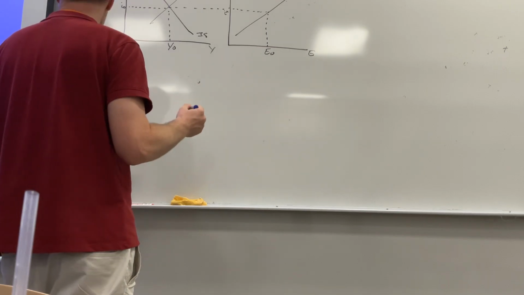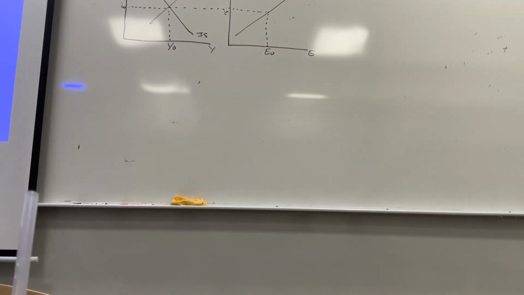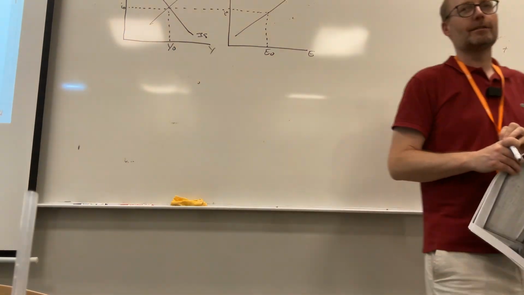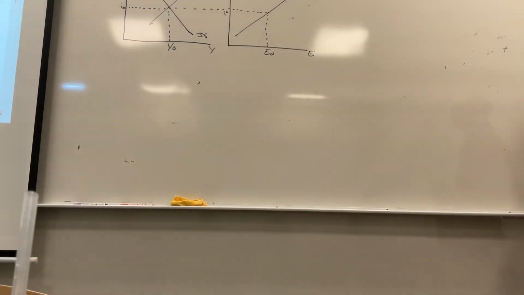Okay, let's look at an expansionary monetary policy shock. Which curve moves? I've got 3 curves here. We have an expansionary monetary policy shock. Which one is going to be moving here? The LM curve, yeah.